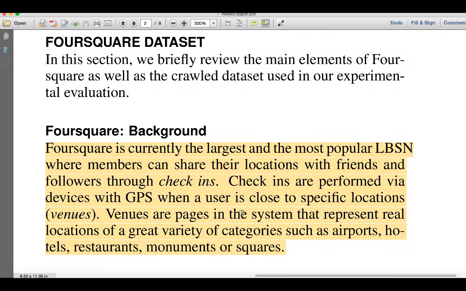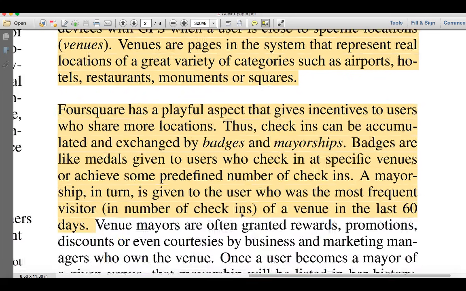So, check-in. Check-in is where members can share their location with friends and followers. Check-ins are performed via devices with GPS when a user is close to a specific location, which is a venue, as I said before. Venues can be an airport, restaurant, monuments. You come and check into that particular location.